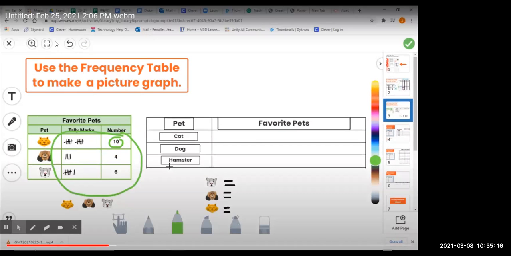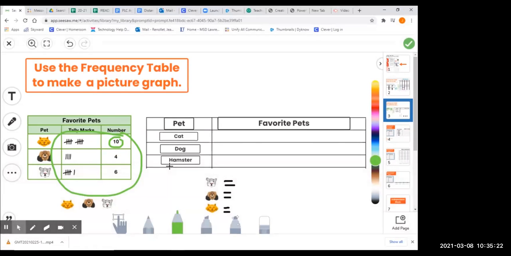If 10 is my greatest number, I probably want to pick a smaller scale so that I can represent the data using more than one picture. I also notice that my other numbers, 4 and 6, are all able to be divided by 2. 2 is a great scale for this picture graph.